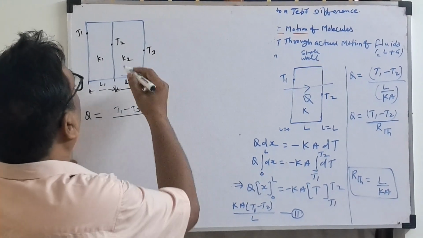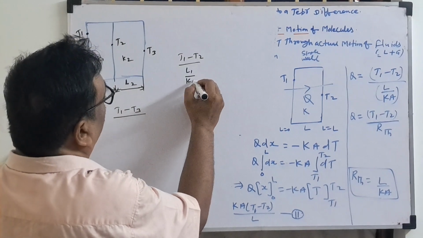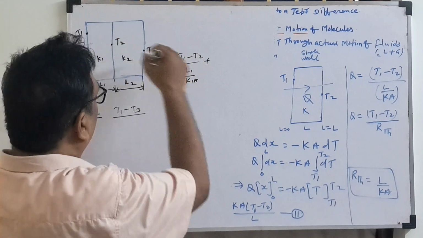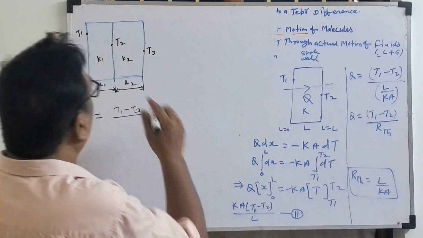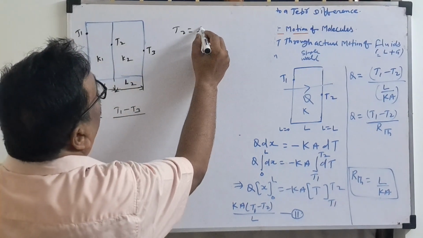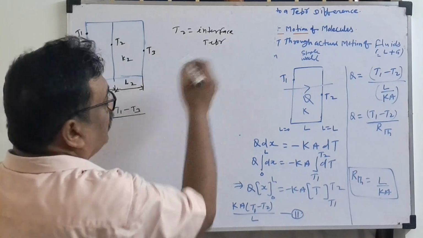If you add T1 minus T2 by L1 by K1A and the second term, the final temperature that comes is overall T1 minus T3 only. What is T2? T2 is the interface temperature.